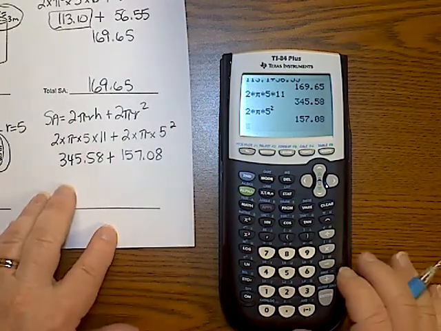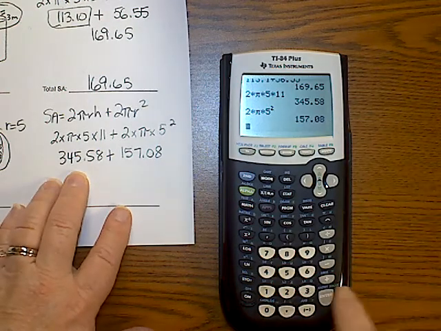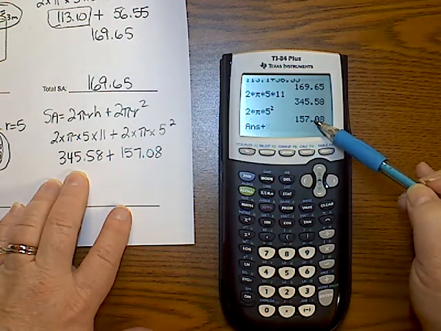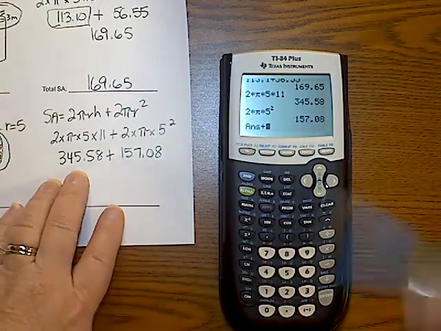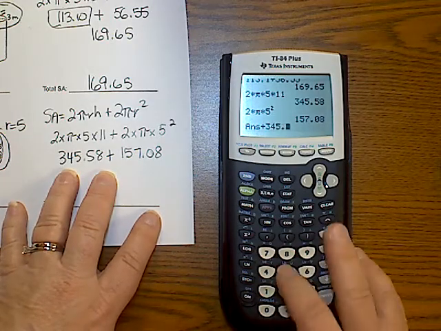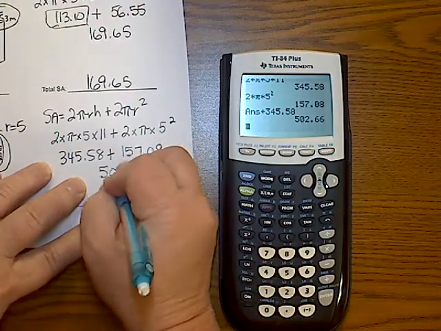And I'm going to combine those two. Now, some of you know by now I can take my last answer and hit the plus key. And see how it says answer? It's taking that number right there. It's actually working backwards, but it'll be fine because all we're doing is addition. 345.58. And remember, I'm a lazy mathematician.